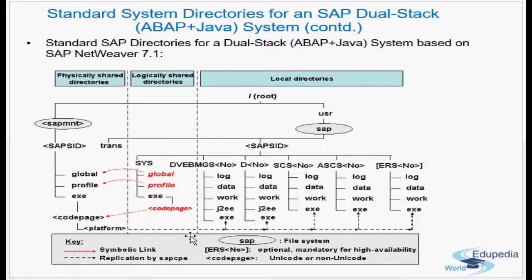And 7.1 or higher, both are Unicode only. For the dual stack systems, generally we have code page only because both are Unicode. Also exe has code page. And these logically shared directories are attached through symbolic links to the physically shared directories, this global profile exe, and the exe in all the other local directories is replicated either from the sys or SAP MNT SID.